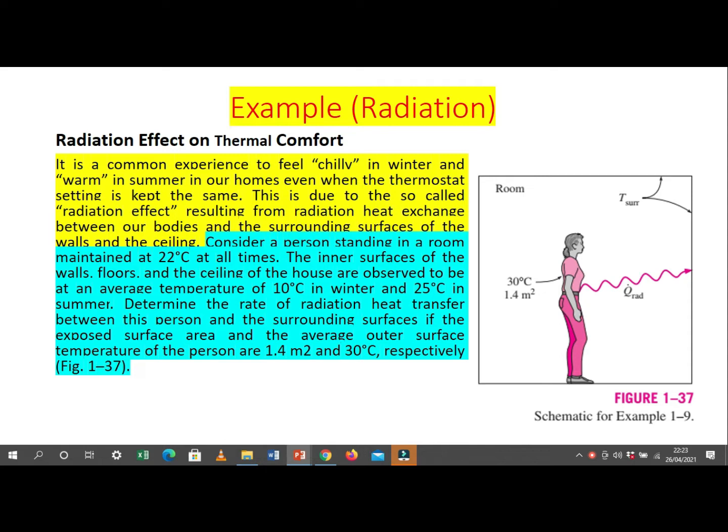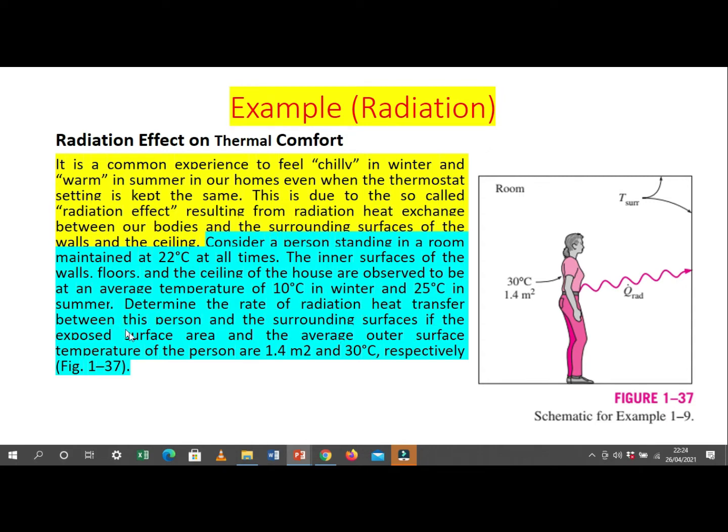So here comes an example. Consider a person standing in a room maintained at a temperature of 22 degrees centigrade at all times. The inner surfaces of the walls, floors, and ceiling of the house are observed to be at an average temperature of 10 degrees centigrade in winter and 25 degrees centigrade in summer. One very important thing is that two temperatures are given, one for the winter and one for the summer.